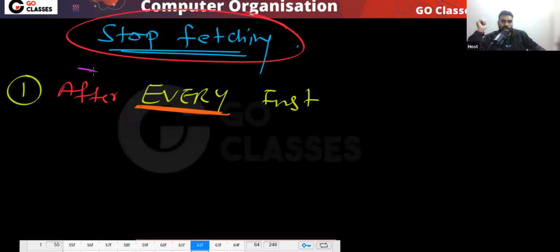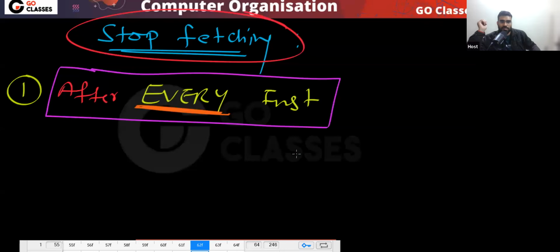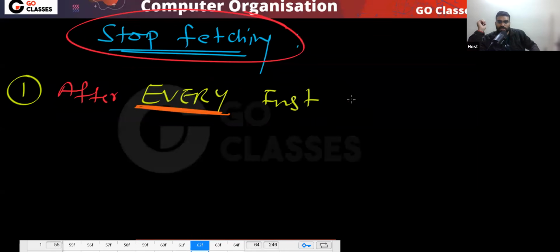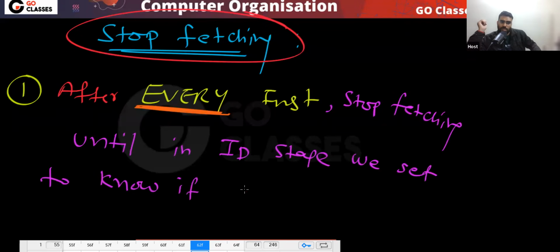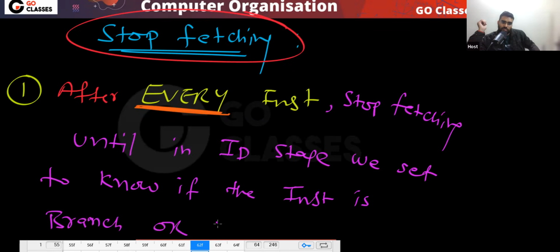This is your solution one: after every instruction, stop fetching until, in the ID stage, we get to know if the instruction is branch or not. Is this clear?